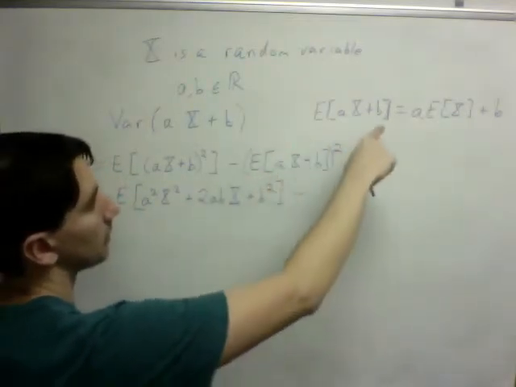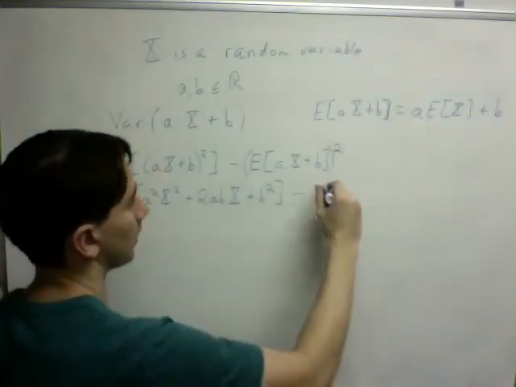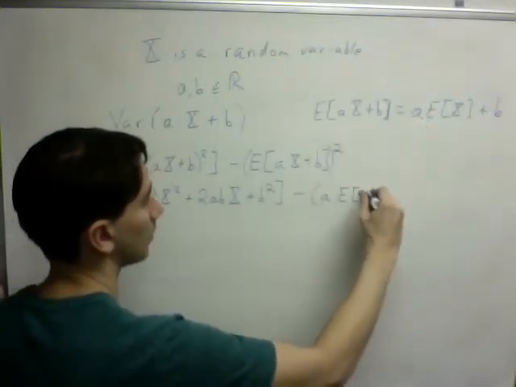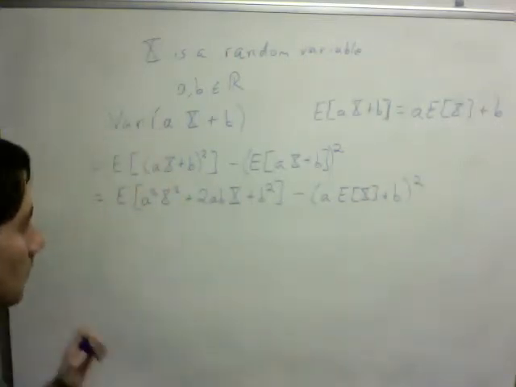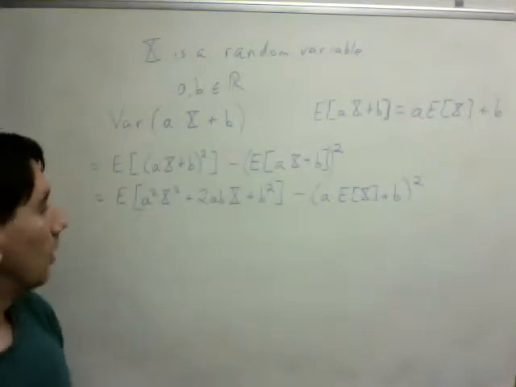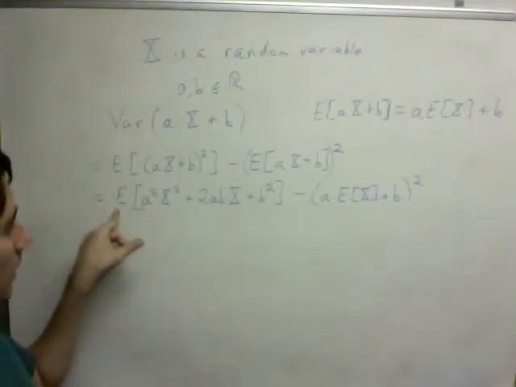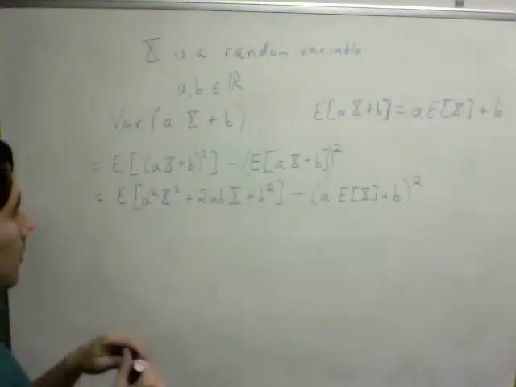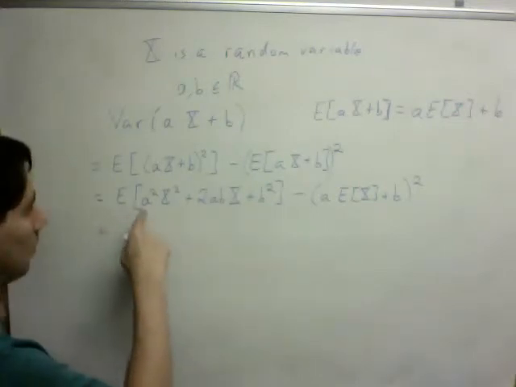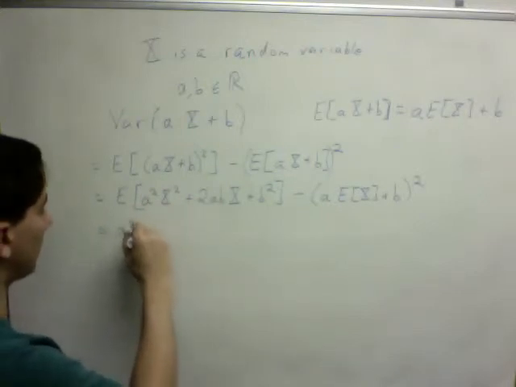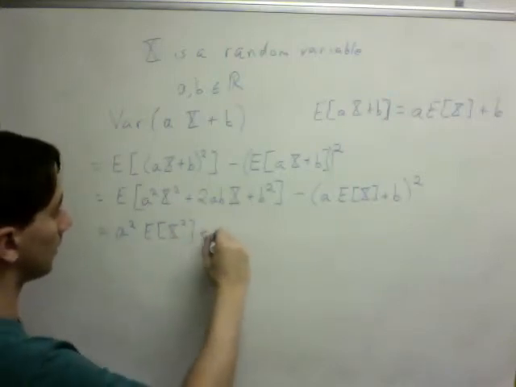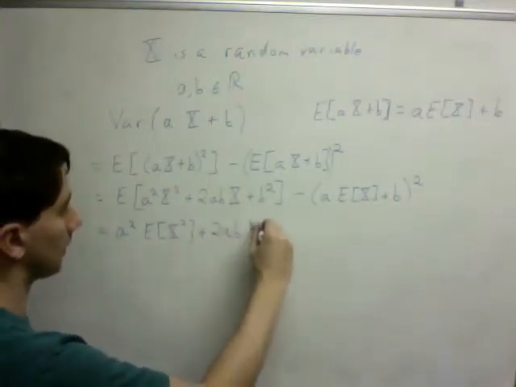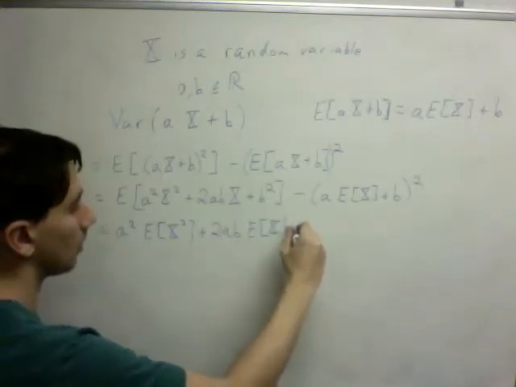So here what I'm going to do is first use the linearity of expectation. So we're going to have a times E of X plus b all squared. Okay, and now here the expectation is linear again, so we can just pull out the constants and bring the expectation to the sums. So this is a squared times the expected value of X squared plus 2ab times the expected value of X plus b squared.